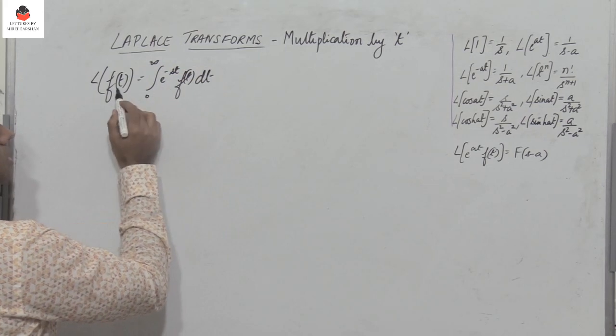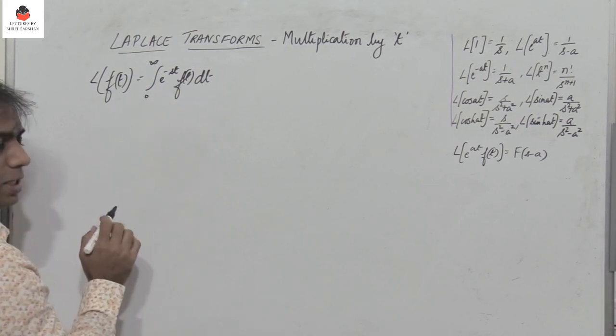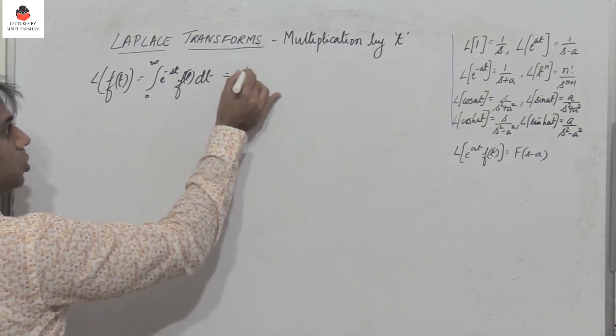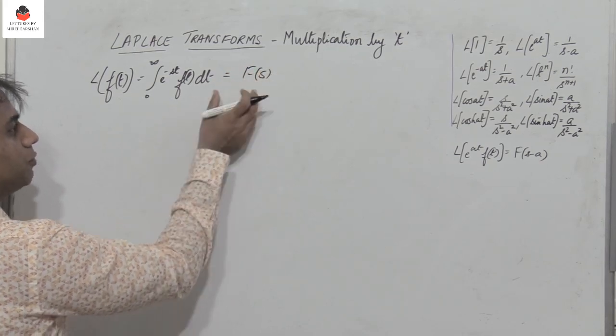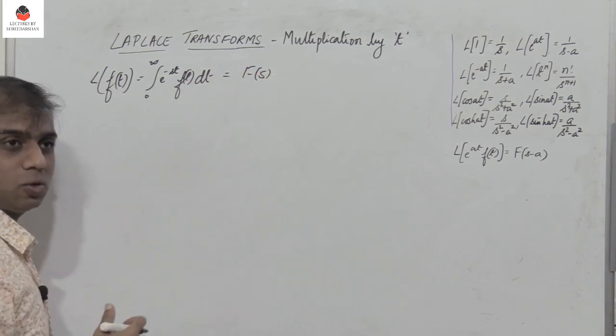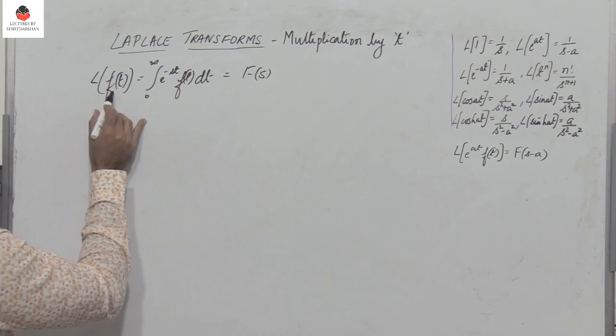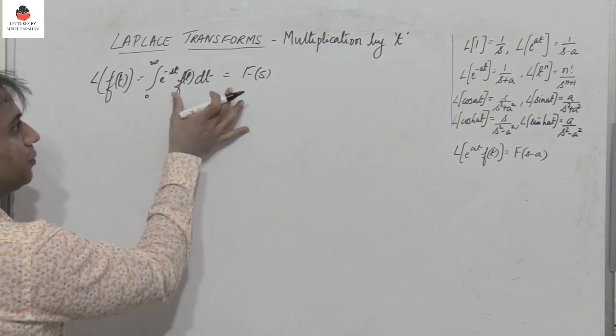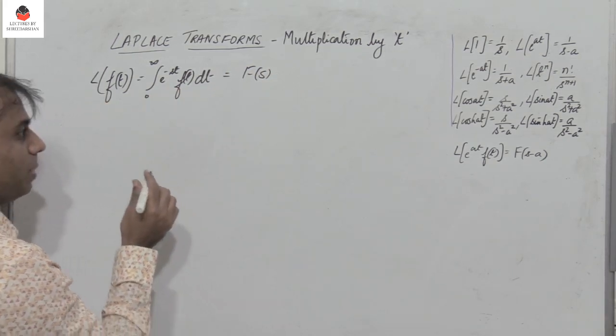Now if you need to have t f of t, then what we have to do is we need to differentiate f of s with respect to s. Now Laplace transform of f of t is nothing but f of s. Differentiate this expression with respect to s.